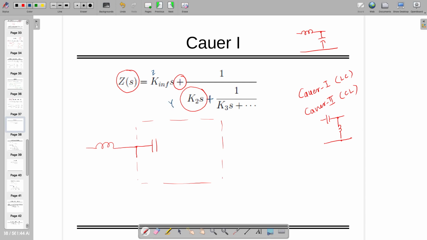Admittance having the sign of series means this thing is coming in shunt with that. It cannot be series. So when I want to keep it in shunt, I need to keep that transfer function here, right? So you will have an inductor, but the next transfer function is impedance, so this will go in series, and the next one will go in parallel, and so on, right?